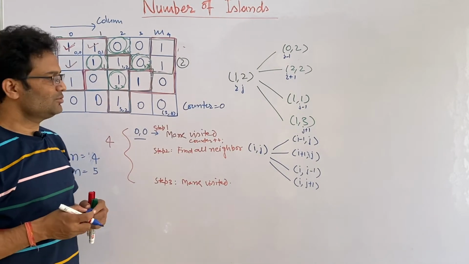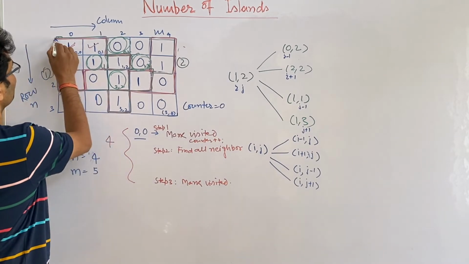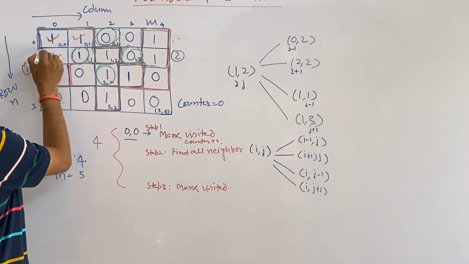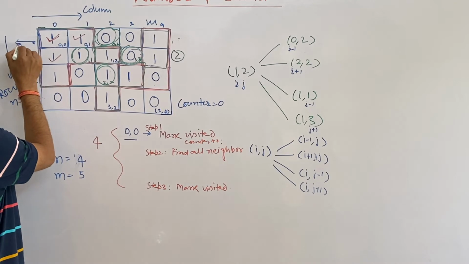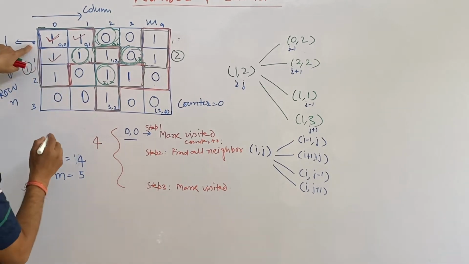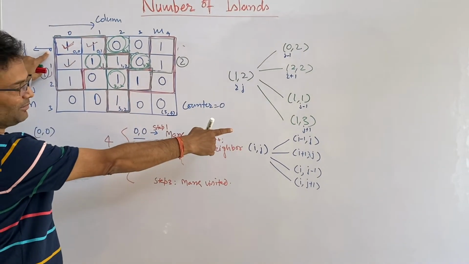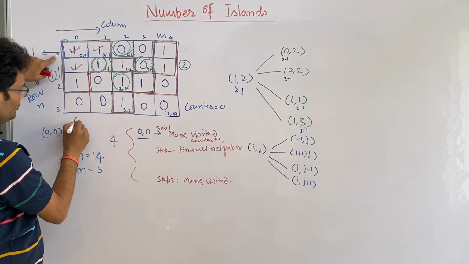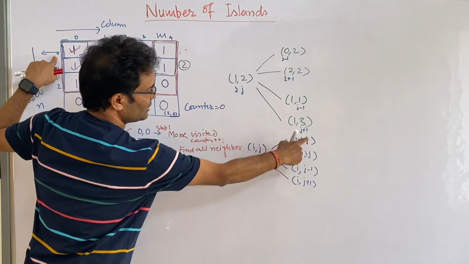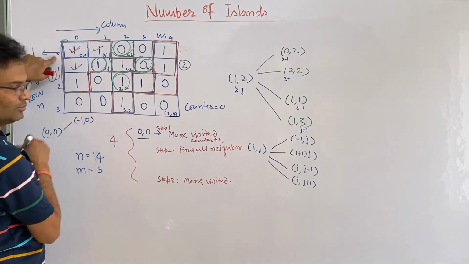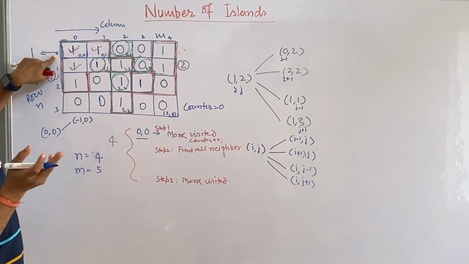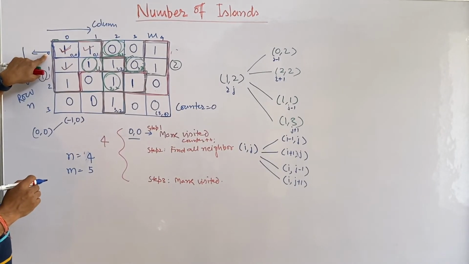But one issue is there. Suppose this is your first element, and there is nothing above it. If you take this as 0 and 0, according to this algorithm, what would be the value? Minus 1 and 0. But minus 1 index does not exist, right? So this is the corner case.